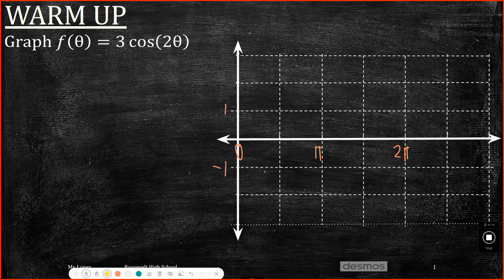So what does the 3 do to the graph? What kind of shape is the parent function? A bird, whatever we call it, we know it's going to be a bird. You should already have something looking like that in your head, and we're going to do transformations to that. What does the 3 in the front do to the bird?